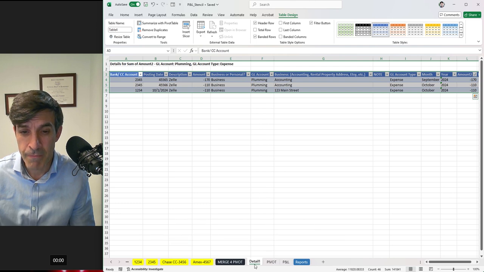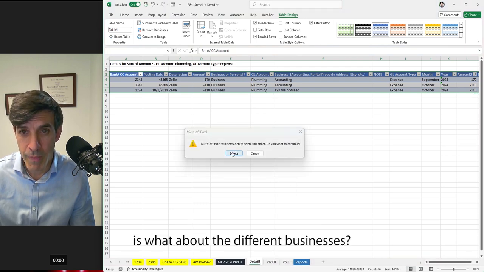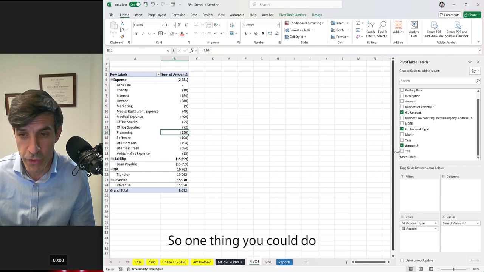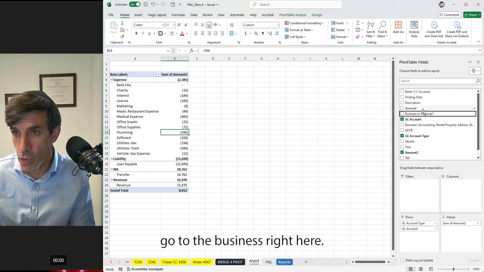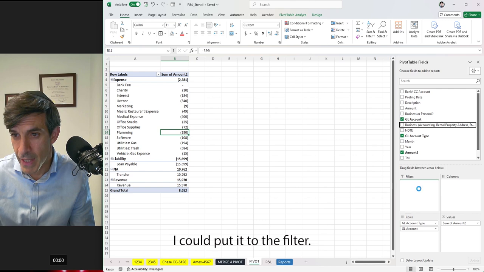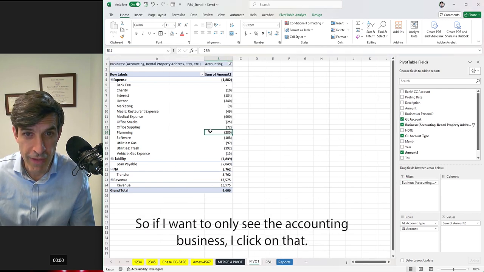Does that make sense? One thing I forgot to mention is, what about the different businesses? So one thing you could do, if you have 2 different businesses or 3 or 4, is you could go to the business right here. I could put it to the filter. So if I want to only see the accounting business, I click on that.